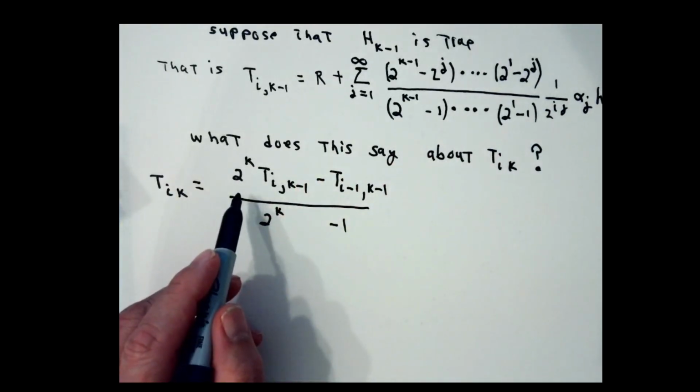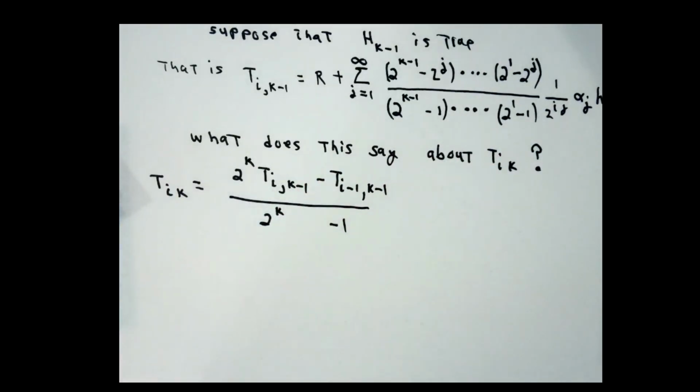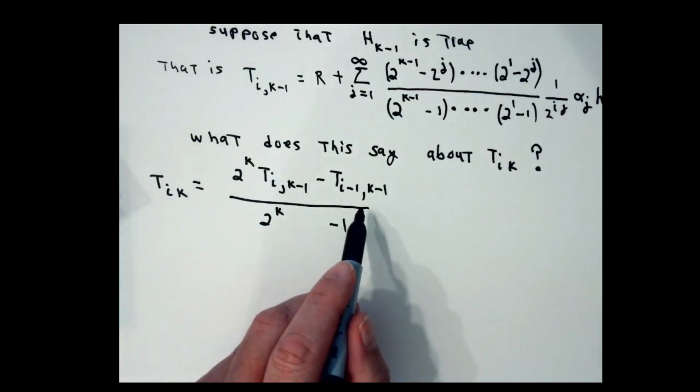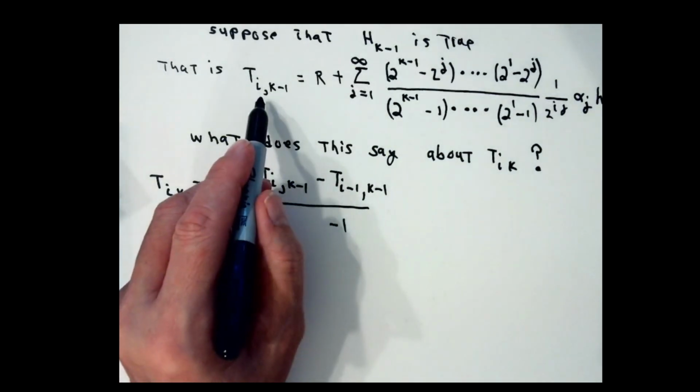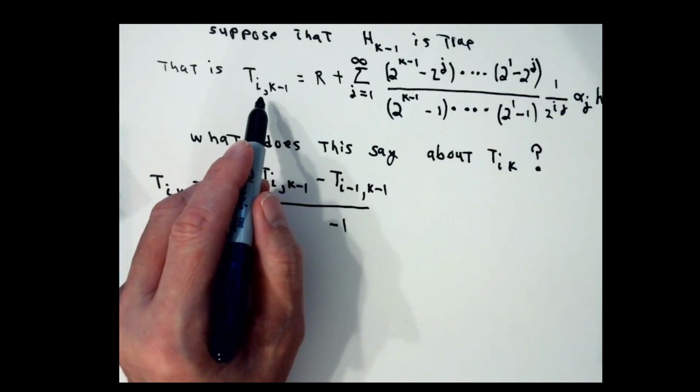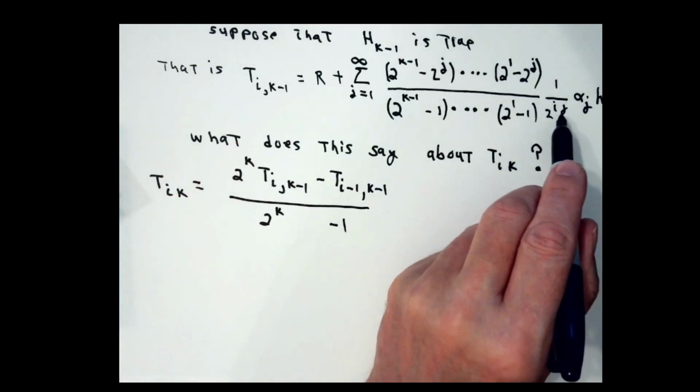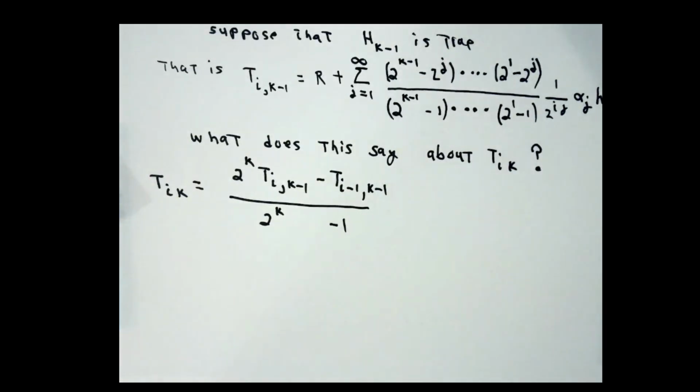I must multiply that by 2 to the k power and then subtract away T_i-1,k-1, which I will write down using this formula, except wherever I see i I'll write down i minus 1 instead. The only place that I see that i, though, is right there, and we've already decided what's going to happen when I change the i to i minus 1 in that.